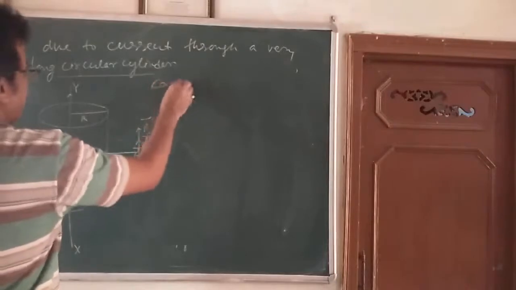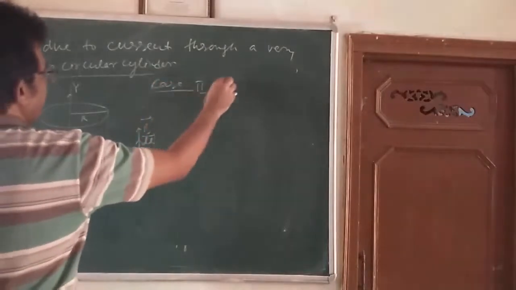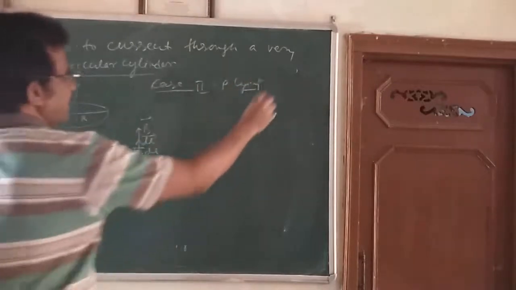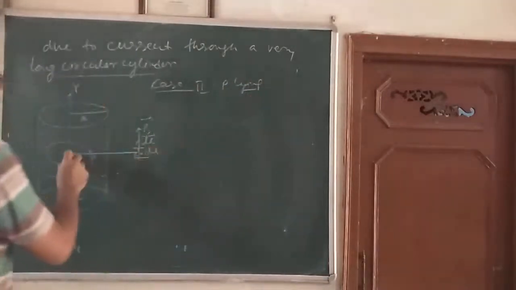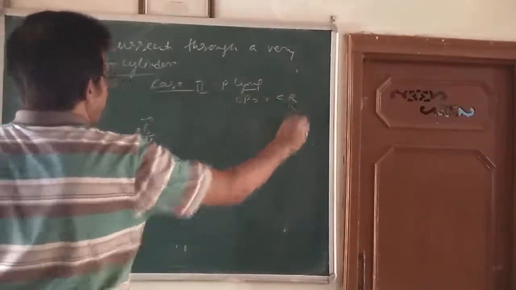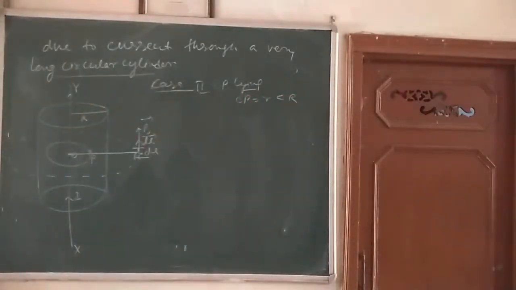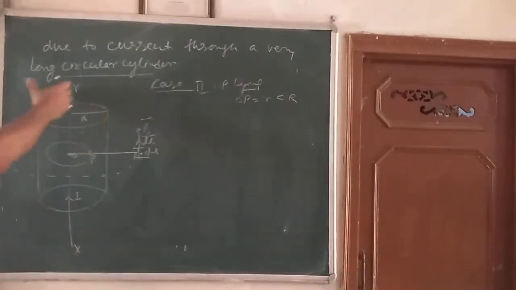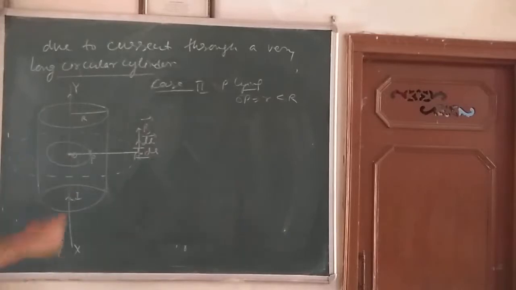In case second, point P lying inside the cylinder, I mean to say that here OP is equal to r, that is less than capital R. So if the current is uniformly distributed through the cross section of the conductor, then the current through the closed path L, let us call this path L.